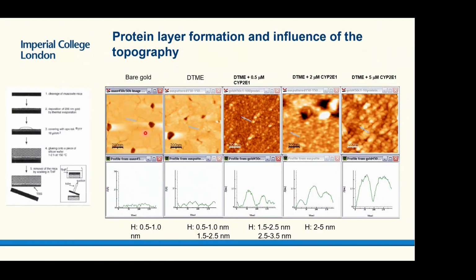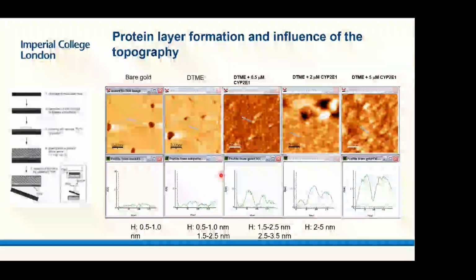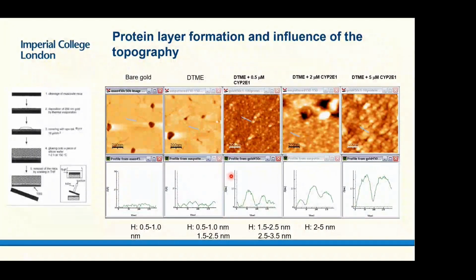It maintains the grain structure, but each grain is atomically flat. And then on this, we can study the formation of the self-assembled layer on the surface, and then the formation of the protein layer, and follow that with different concentrations of protein and different times, and then you can look at the formation of the monolayer of protein and the multilayer.